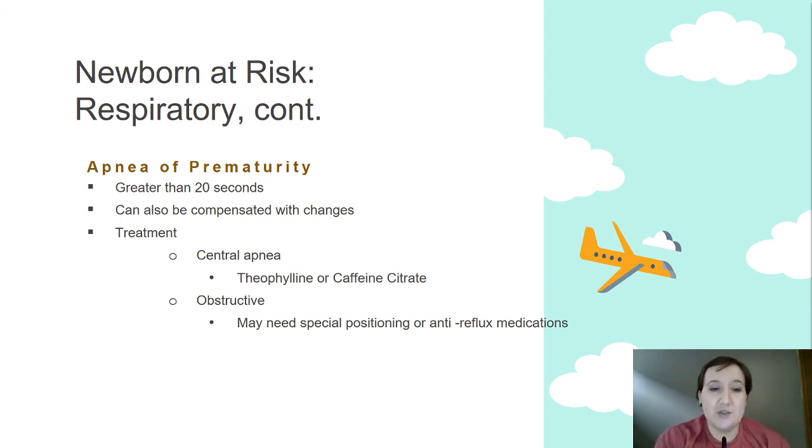Apnea of prematurity. We're looking at central apnea and obstructive apnea, with true apnea being greater than 20 seconds. I've had parents come in multiple times over the course of my career in pediatrics with babies who they believe have stopped breathing for short periods of time.